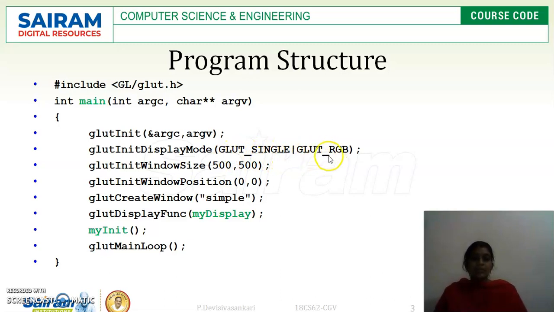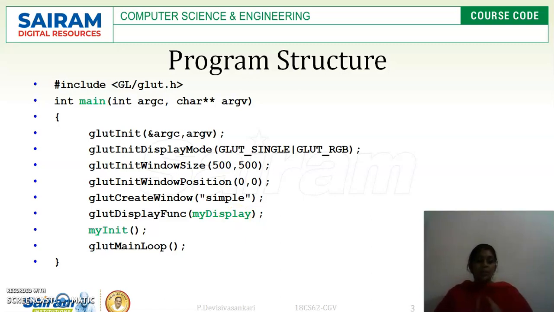We also specify what sort of color we are using, whether the RGB color model or the indexed color model. Next we set the window properties: the window size and window position, and we create the window with the name simple. Finally we write the display function. Normally inside my display we write our OpenGL code to show a particular object.